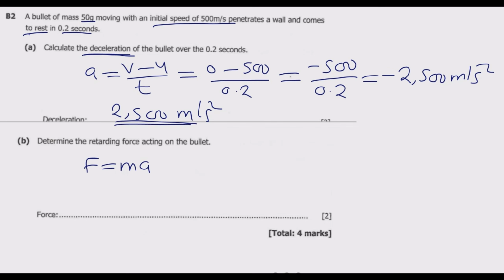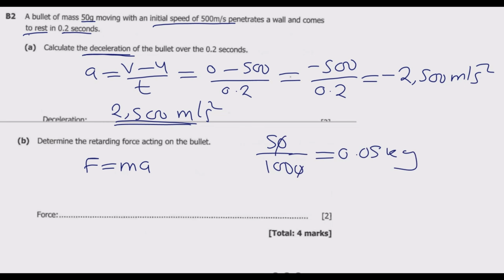Now this mass is in grams, it needs to be in kg. In 1 kg we have 1000 grams. So to convert 50 grams to kg, we just divide by 1000, which gives us 0.05 kg.